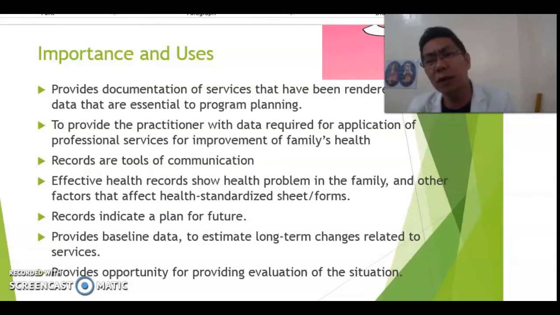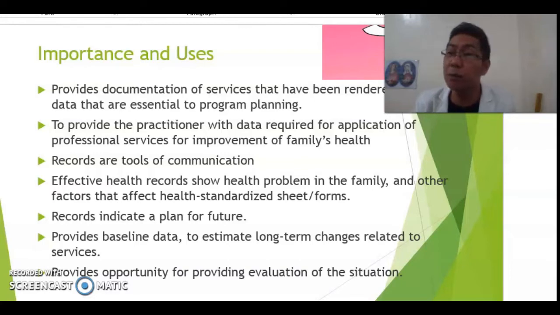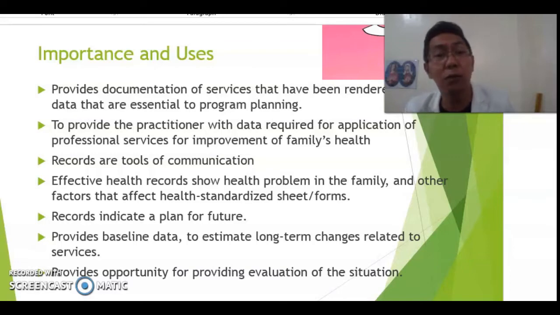So what are the importance and uses of records? Of course, it will provide us documentation of services that have been rendered, what you have done before. And the records will supply us the data so that we can plan the program for this family.